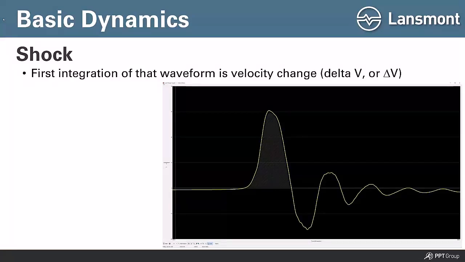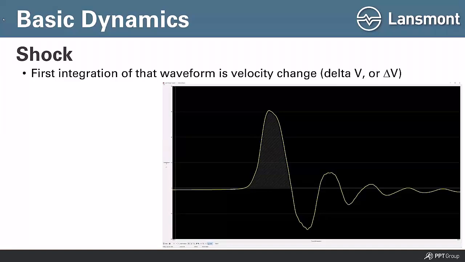The other really key piece of information that you get out of a shock pulse is something we call velocity change. For better or for worse, we use velocity change and delta V, which is also change in velocity, kind of interchangeably.